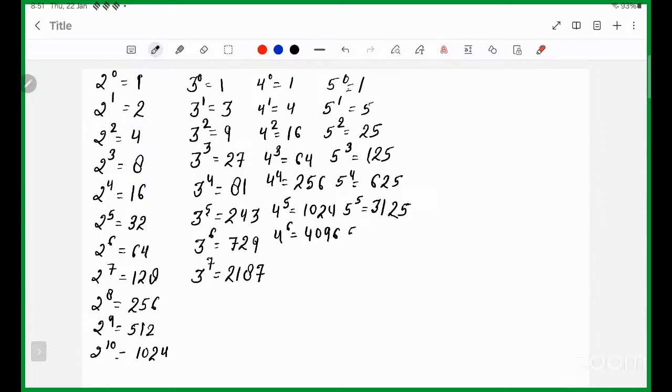And 5 raised to power 6 will be 15625. Okay.